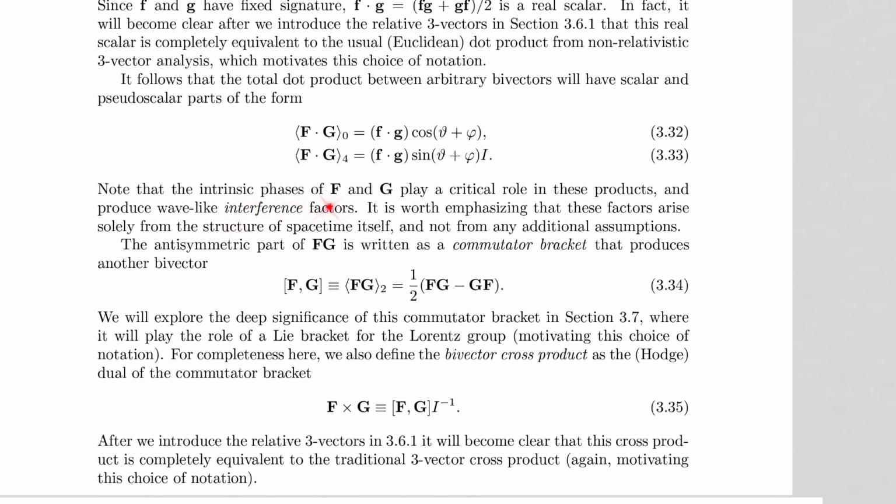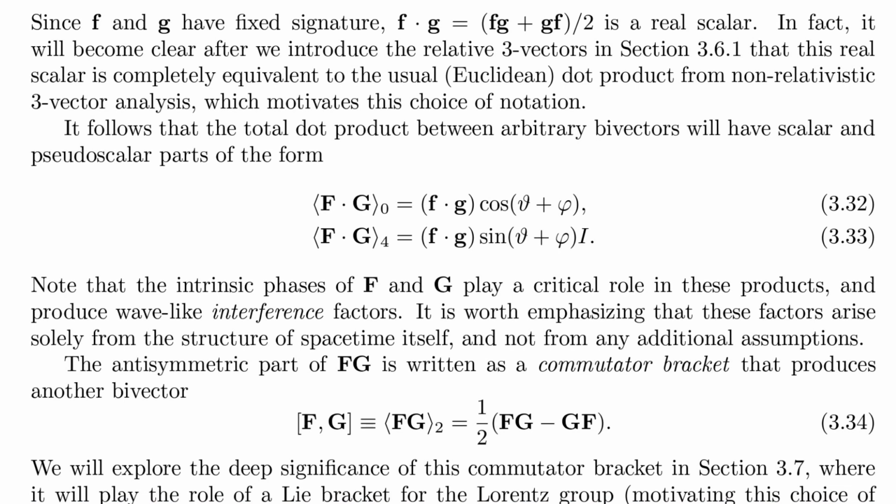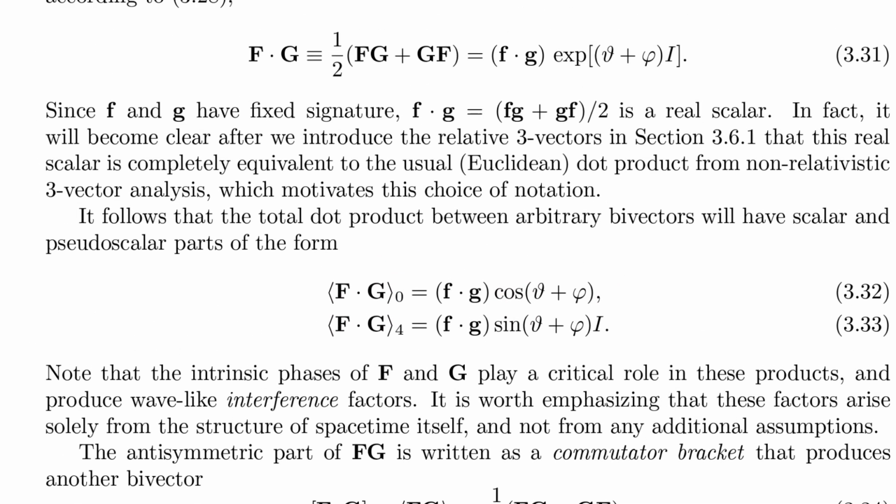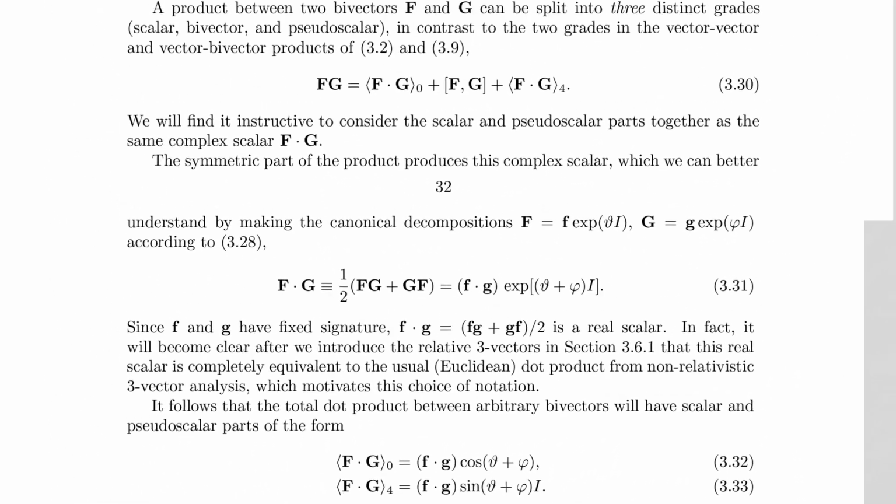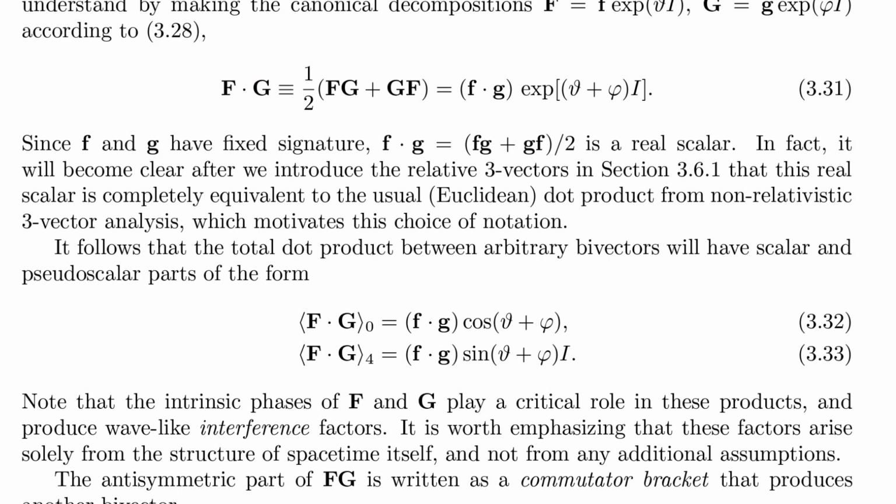And then they say, note the intrinsic phases of f and g play a critical role in these products and produce wave-like interference factors. It is worth emphasizing these factors arise solely from the structure of spacetime itself and not from any additional assumptions. So, when I look at this, perhaps naively, what I say is, okay, the scalar part oscillates depending on the exact canonical expansion of f and g, right?